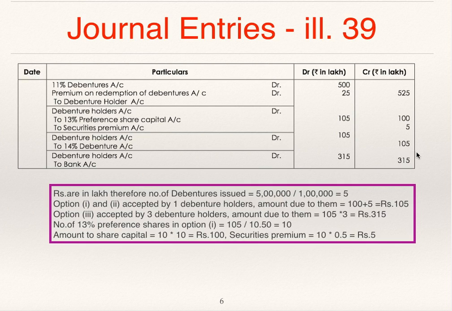As per third option, cash will be paid to debenture holders, so debenture holders to bank 315. If you add these 3, 105 plus 105 plus 315, you are debiting here to debenture holders. If you add this, it will add up to 525, which we have credited to debenture holders as per our first entry.